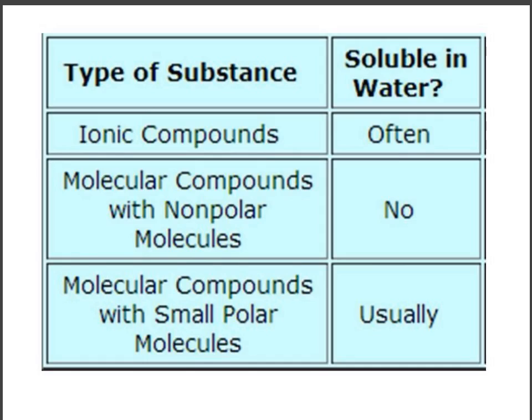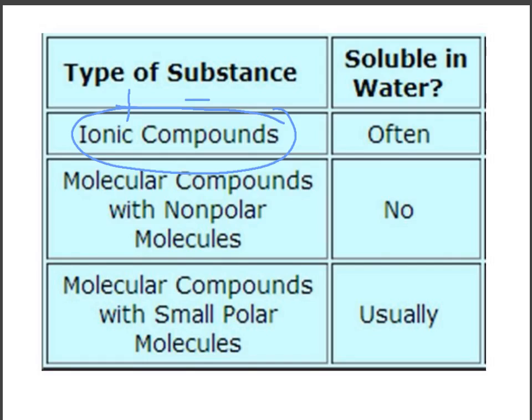Here are the different types of substances and their solubility in water. For example, we have ionic compounds. Ionic compounds are always crystallized and electrically charged, meaning they contain both positive and negative charges.